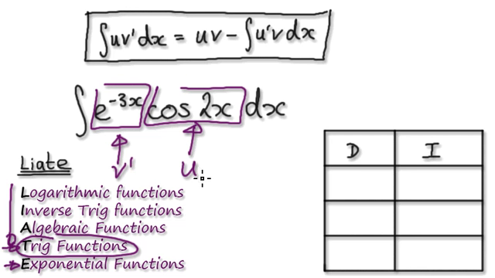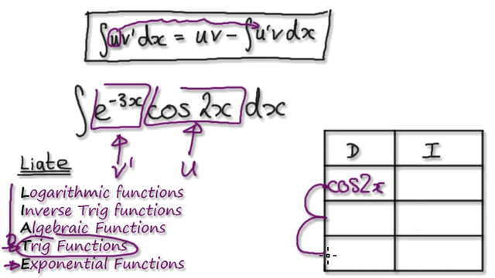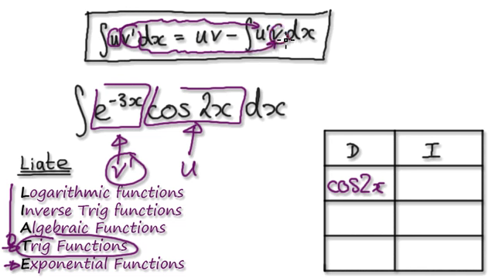Okay, so now, if you look at the formula, if you start off with u here, then eventually you need to differentiate your u. So cos 2x goes in here because we need to differentiate it each step of the way. If you look at v here, v prime is this. Eventually we're going to need to integrate it.